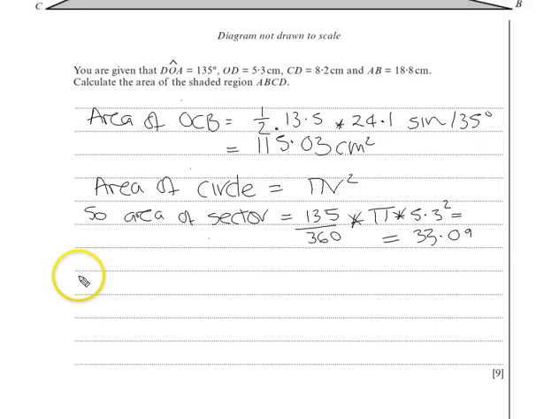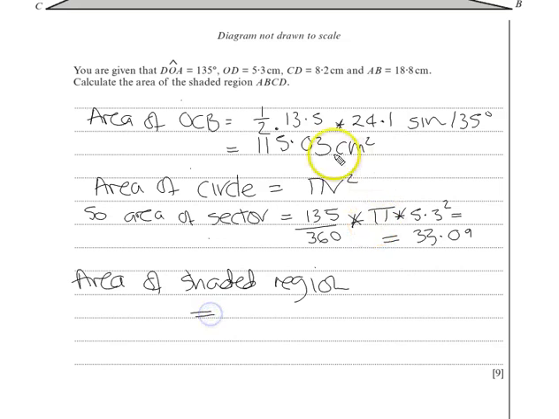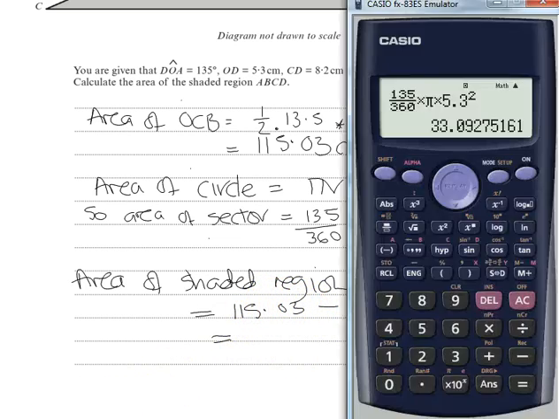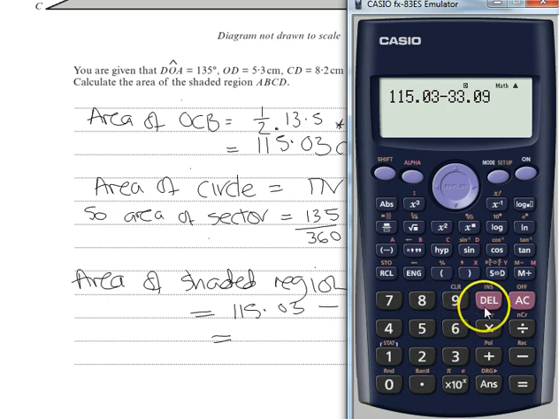So area of shaded region equals the area of the whole triangle, 115.03, take away the sector, 33.09.